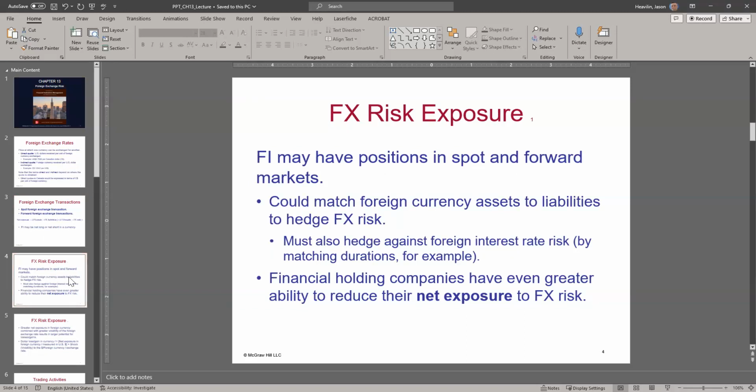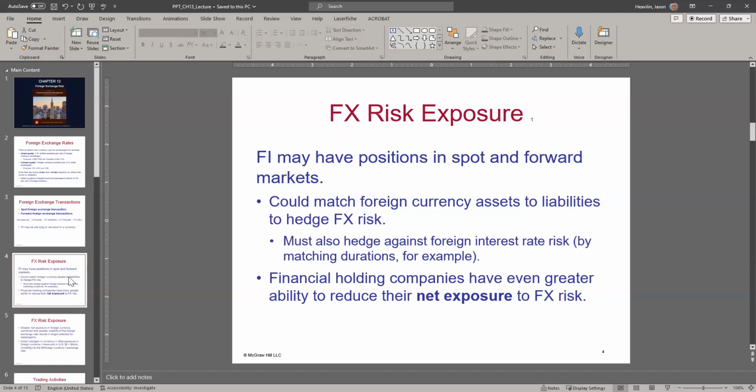So let's talk more about foreign exchange risk exposure. The financial institution may have positions in spot and forward markets. It could match foreign currency assets to liabilities to hedge foreign exchange risk.